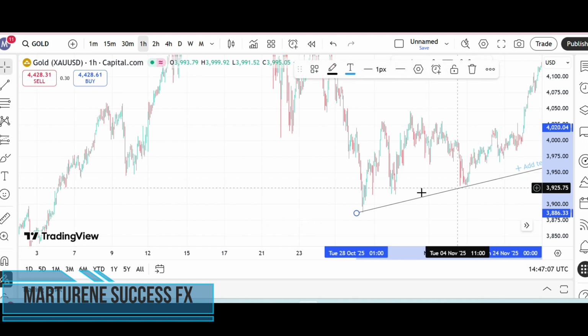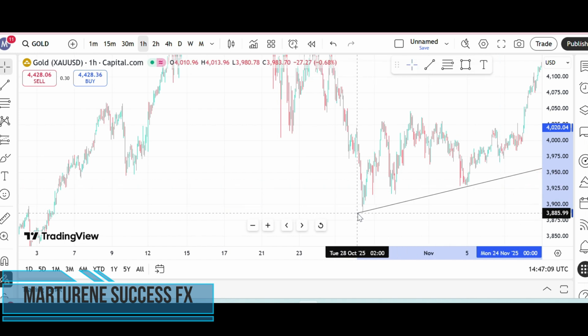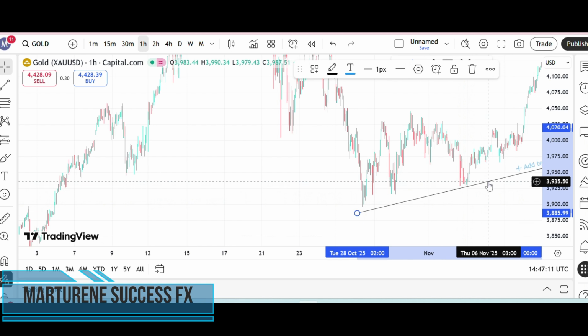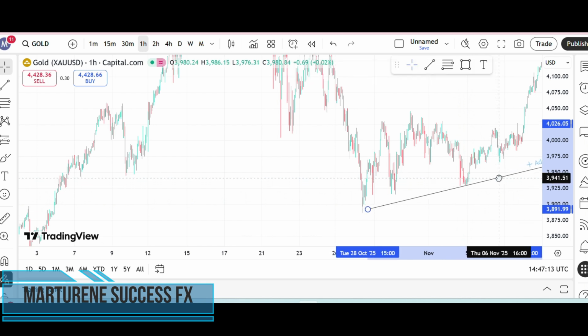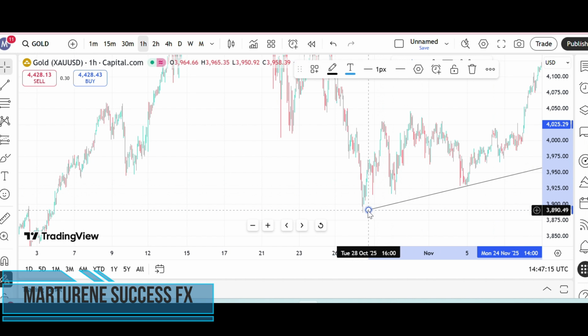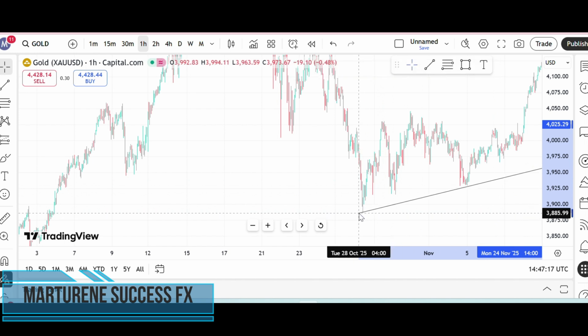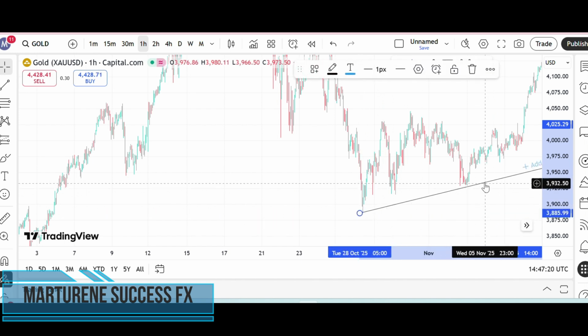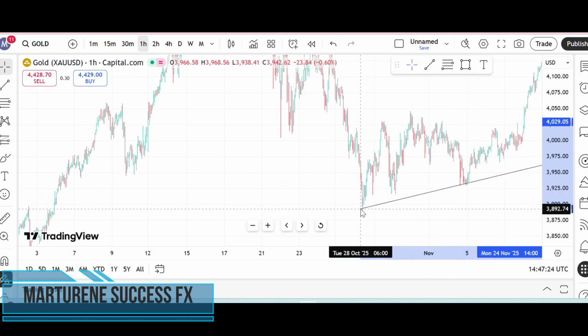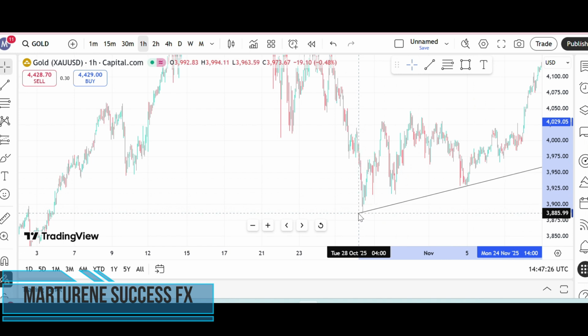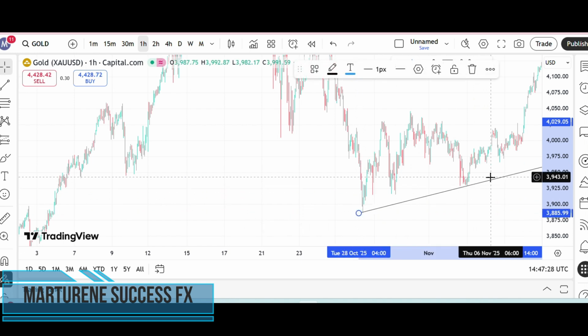Make sure the line touches the 2 points. As you can see, it has beautifully touched these 2 points. Then at the third touch, that is a confirmation of the trend line, and that is where you take a trade. Okay, at the third touch.